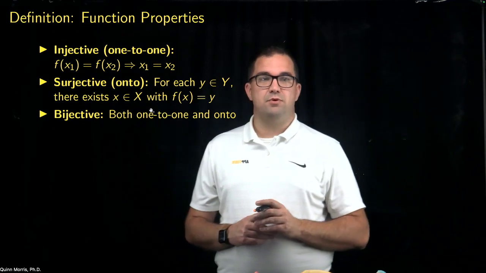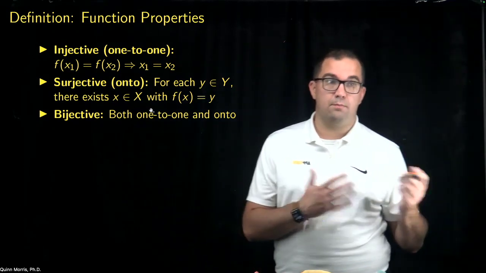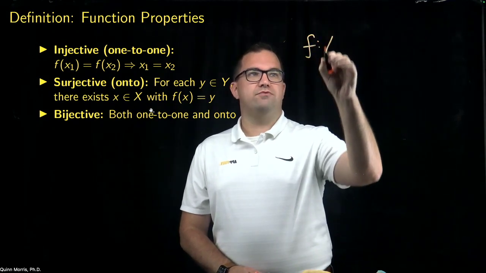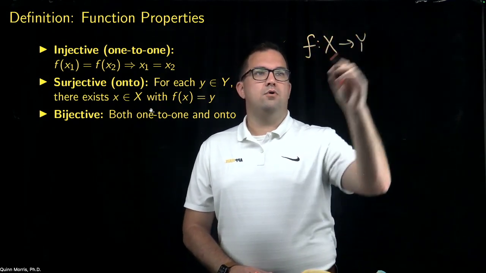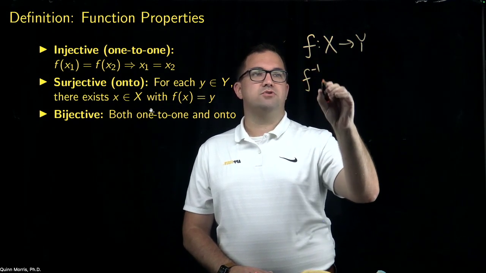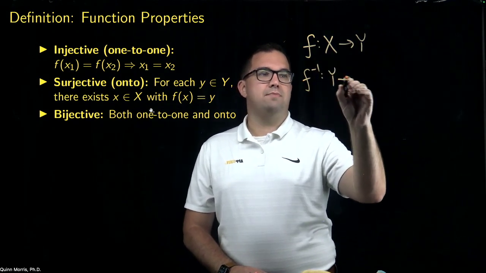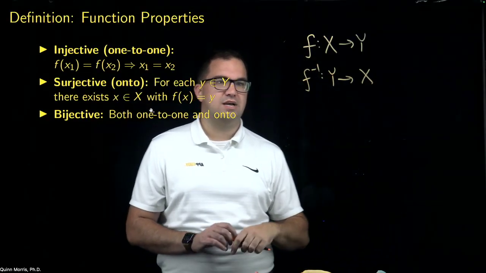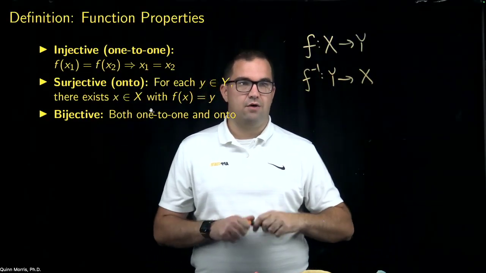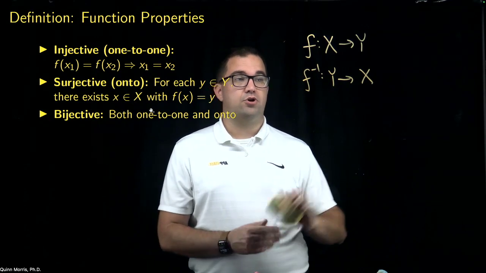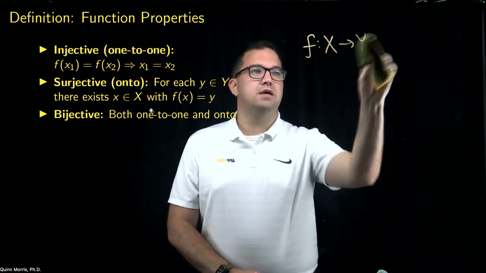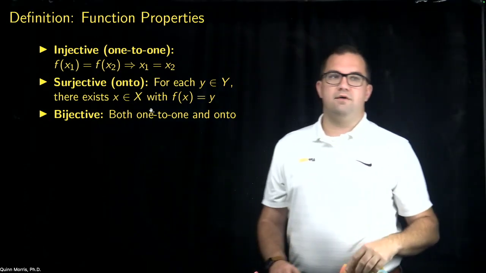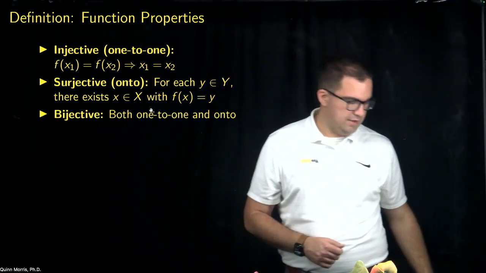So if f is bijective, and we have a function from X to Y, we naturally have an inverse function which maps from Y back into X. So injectivity and surjectivity are both very helpful properties when we want to talk about inverse functions. And on their own, they're also important for other types of discussions we'll have about theorems later on.